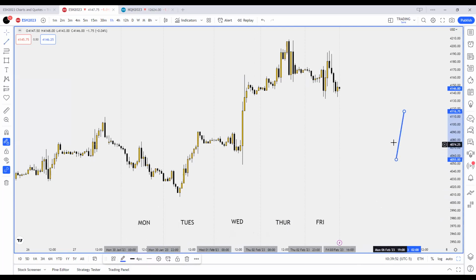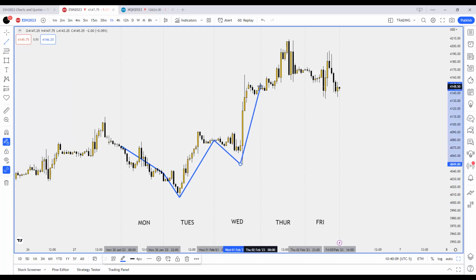Might as well. All right. Monday. Boom. Tuesday, we make the low, and then we close. Wednesday, we have a little in here, and here. And then Friday just ranges.